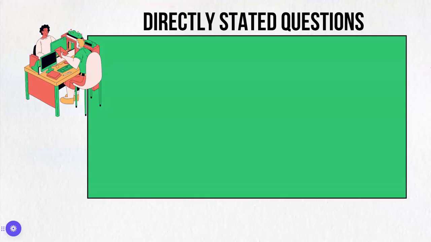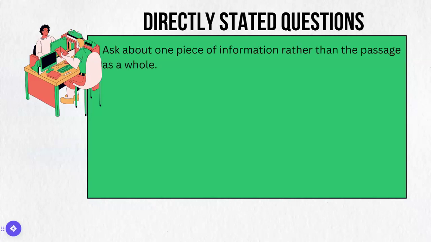And today we're going to focus on questions that can be found in specific parts of the text. One of these types of question is called directly stated questions. Now, directly stated questions ask about one piece of information rather than the passage as a whole, as we have been practicing.